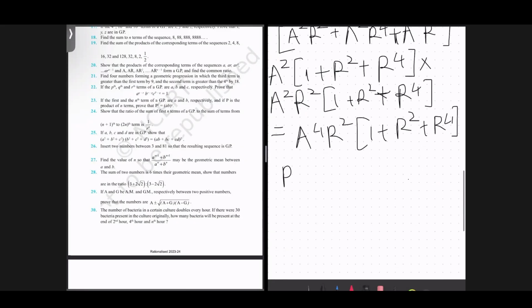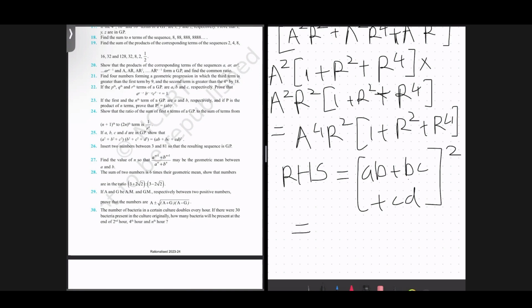Similarly, when you solve it for RHS, the RHS is going to be (AB plus BC plus CD) whole square, right? What is A into B?